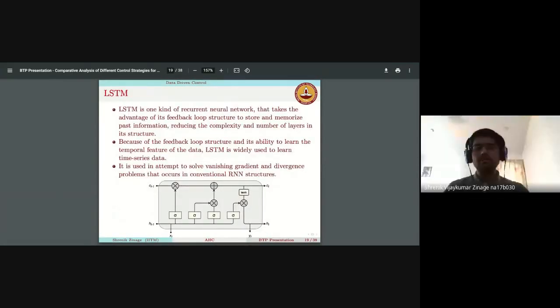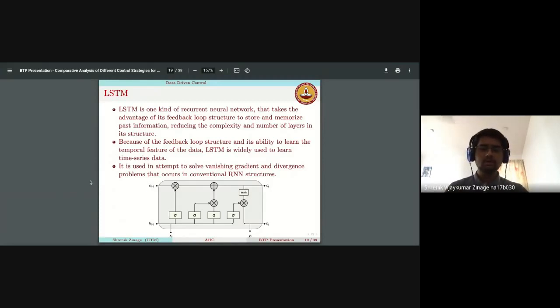Now, talking about what an LSTM is. An LSTM is one kind of RNN that takes advantage of a feedback loop structure to store and memorize past information. Because of this, it is widely used to learn time series data. The figure shown here is a schematic diagram of one LSTM cell.